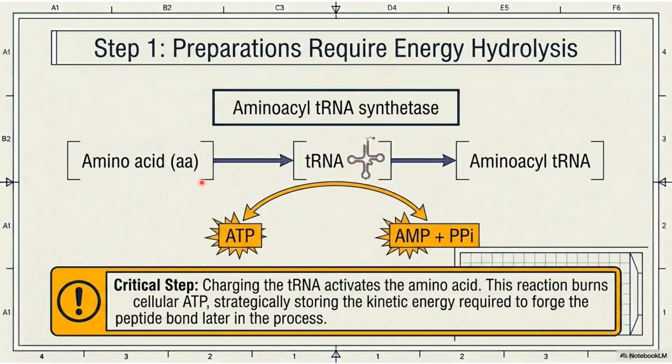So this step is known as charging of tRNA. Since this energy is conserved, we are prepaying the energy. So we are doing a prepaid recharge here. This energy will be utilized later. So that is a strategy for using this energy here. Okay. So it is a preparatory step, the charging of tRNA.